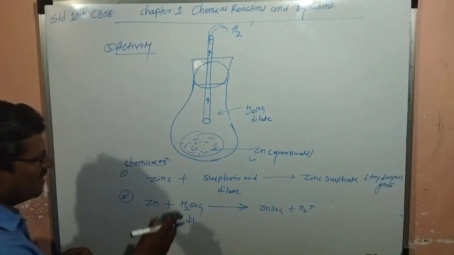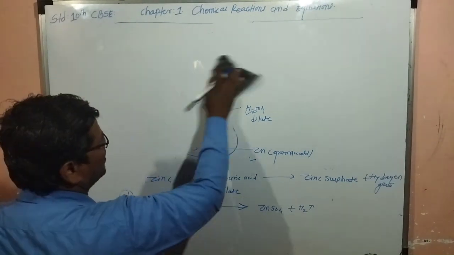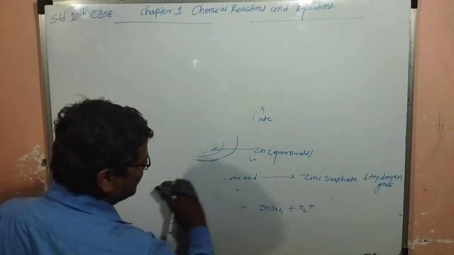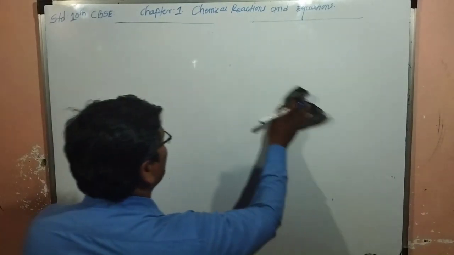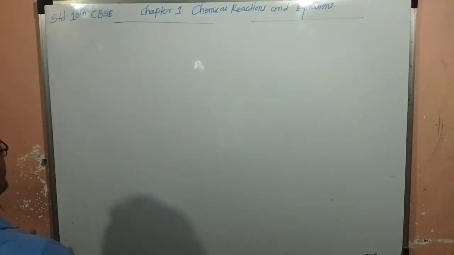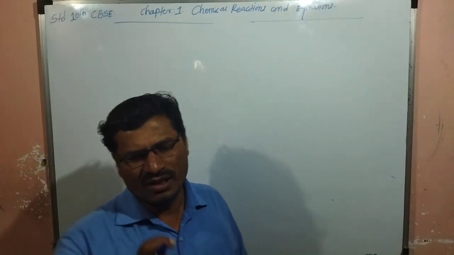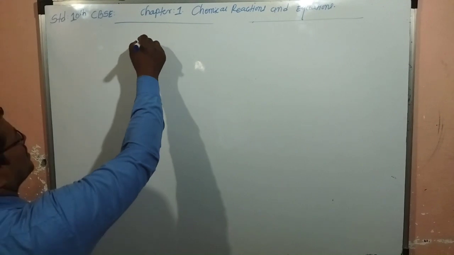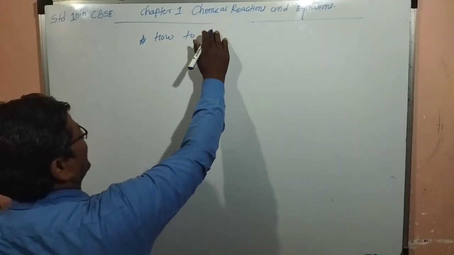So the next point we are going to study is how to identify whether a chemical change or chemical reaction takes place or not.